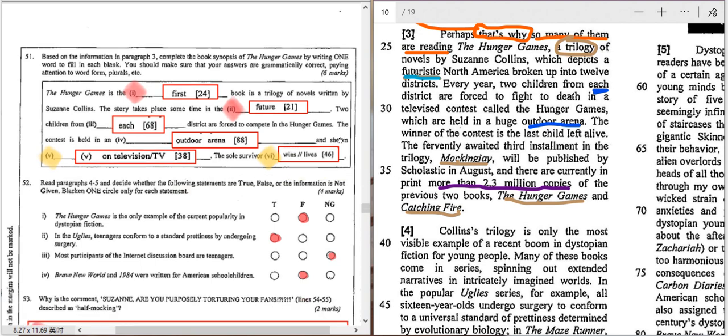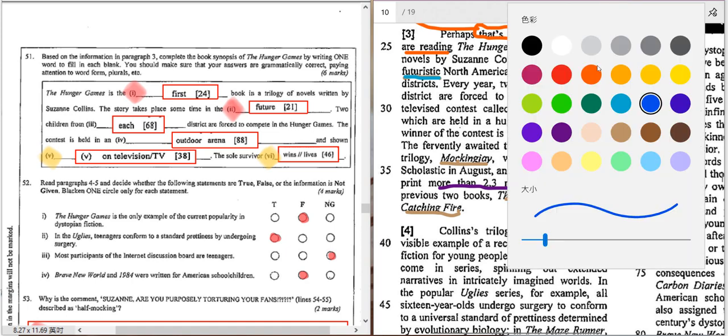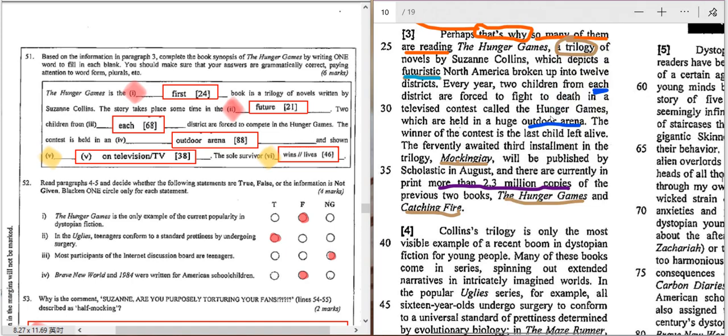Now let's take a more careful look. The contest is held in an outdoor arena and shown. Now this is the problem bit. If you go back to the original passage, every year 2 children from each district are forced to fight to death in a televised contest called the Hunger Games, which are held in a huge outdoor arena.